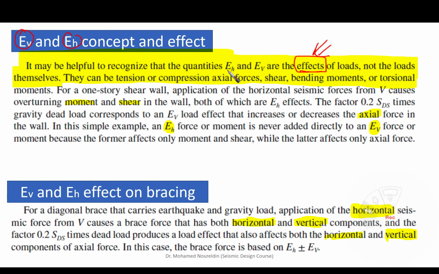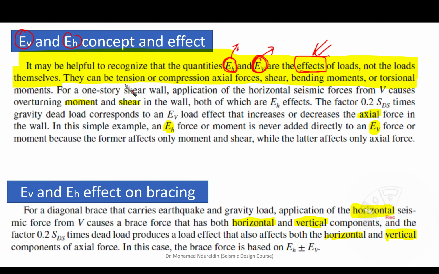So EH means the effect of the horizontal load of the earthquake, and EV is the effect from the vertical load of the earthquake. So maybe the effect of the vertical load might produce horizontal loading, and the effect of the horizontal loading of the earthquake might produce vertical loading. Okay, so this is the point.